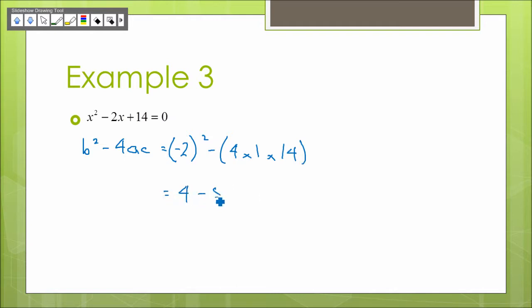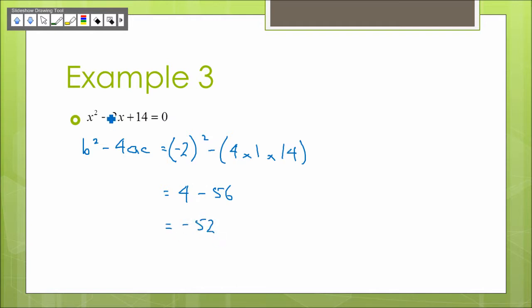And last but not least, example number 3, or is there more? Yes, there's more. Okay, example number 3. The discriminant b squared minus 4ac equals (minus 2) squared, take away 4 times 1 times 14. Now this equals 4 take away 56, which is minus 52.